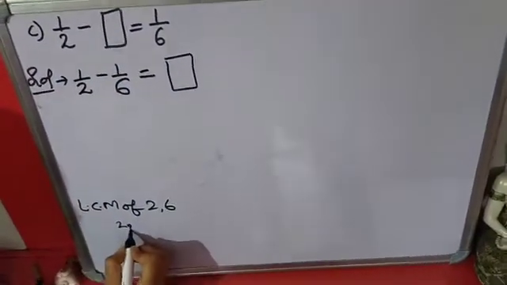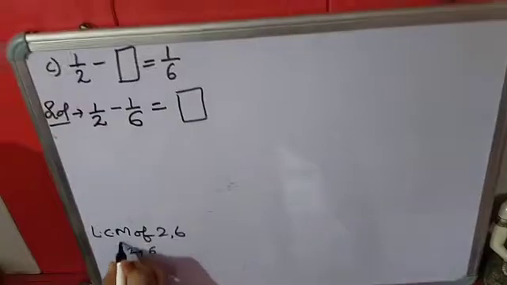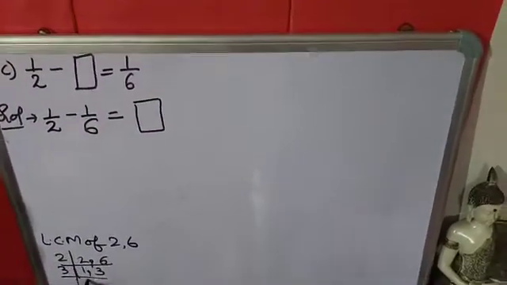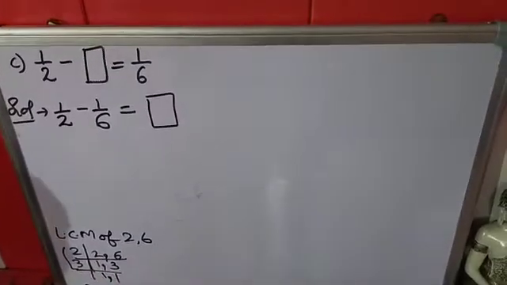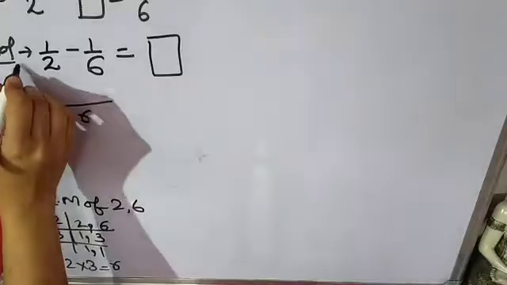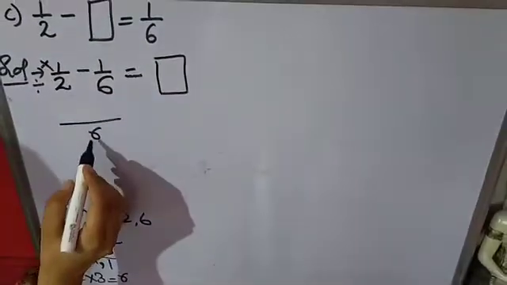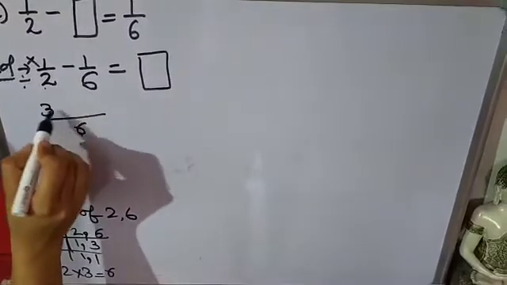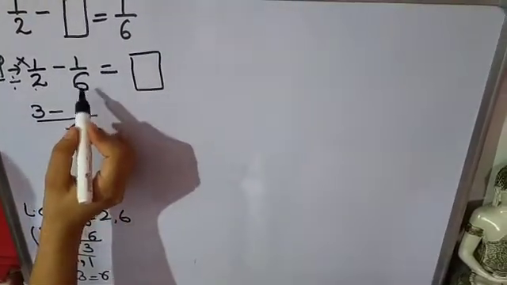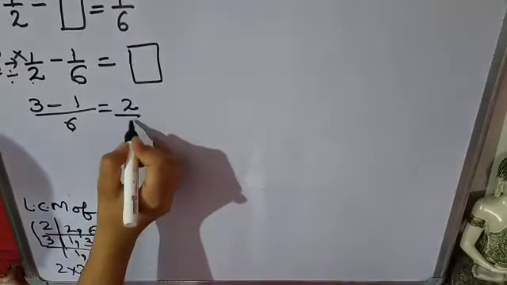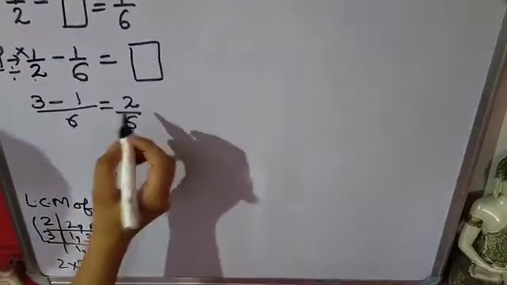So here we will take LCM of 2 and 6. 2 ones are 2, 2 threes are 6, 3 ones are 3. Multiply these prime numbers, 2 threes are 6. So LCM is 6. Divide, multiply. 6 divided by 2 is 3, 3 ones are 3. 6 divided by 6 is 1, 1 times 1. 3 minus 1 is 2. 2 upon 6.